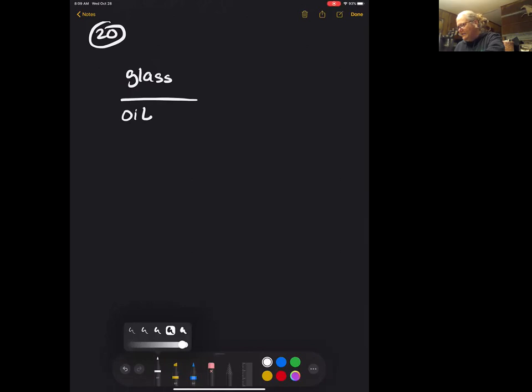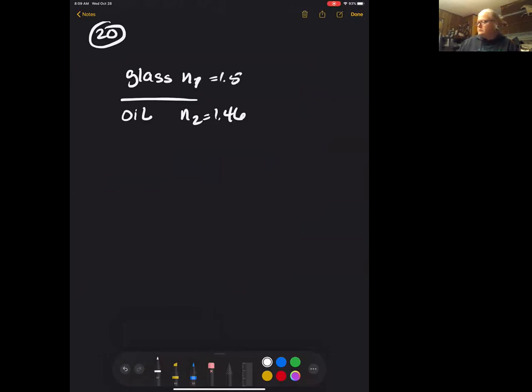So I'm going to have to go back in my chapter, where there's a chart that tells me indices of refraction for different materials. And it says that oil is 1.46 and glass is 1.5.